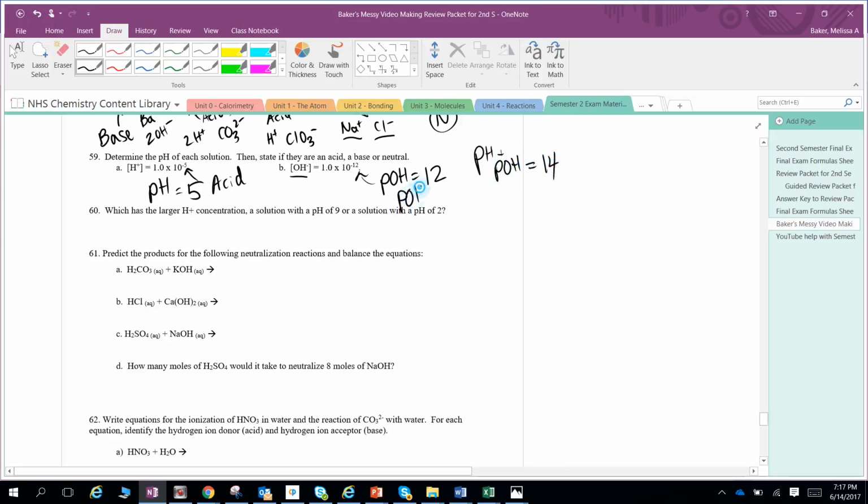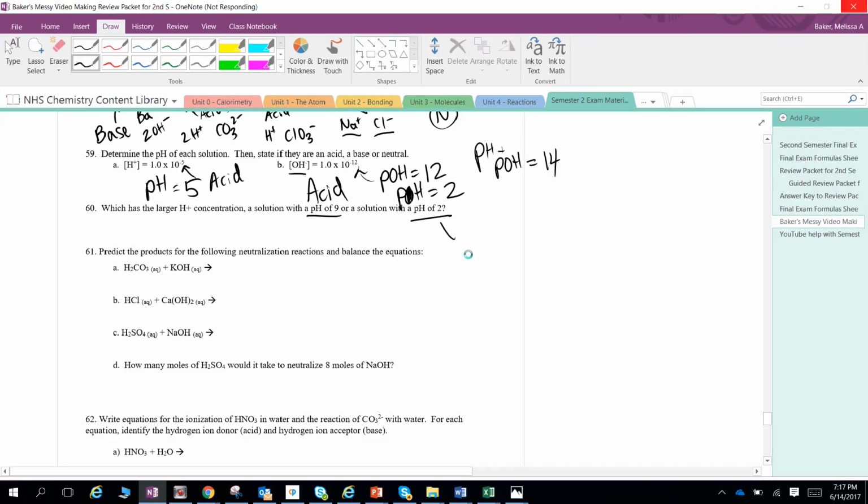So this one would have a pOH of 2. I'm sorry, pH of 2. So also an acid. Which one has a larger hydrogen ion concentration? pH of 9, pH of 2. The lower the pH, the higher the hydrogen ion concentration. So the answer to number 60 is the one with the pH of 2.